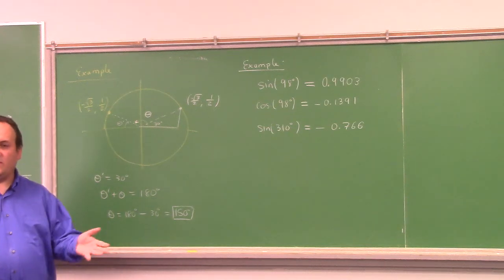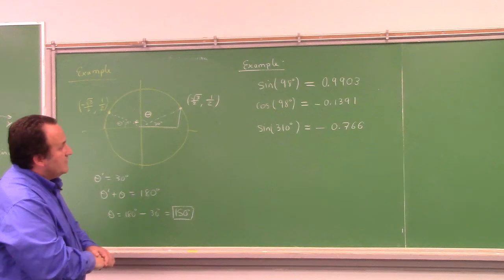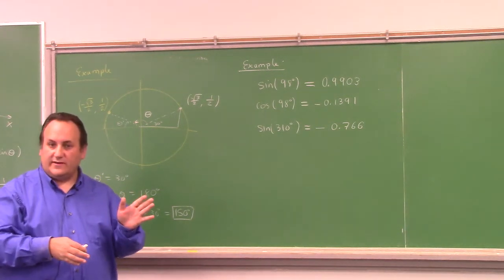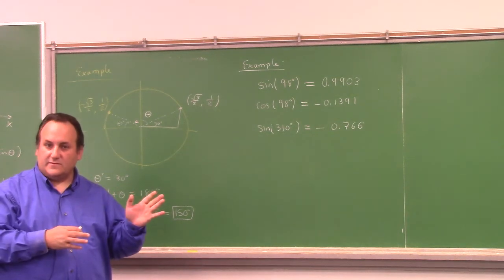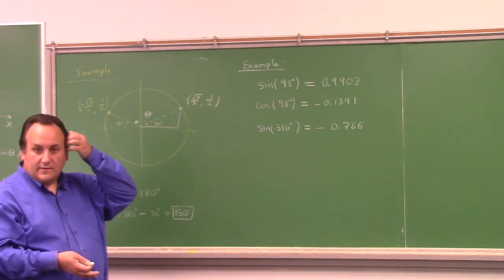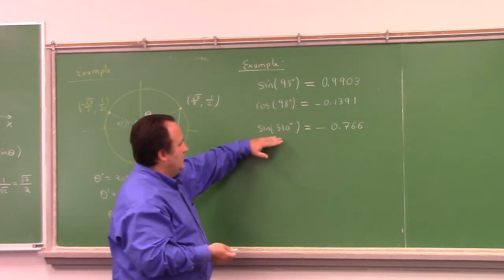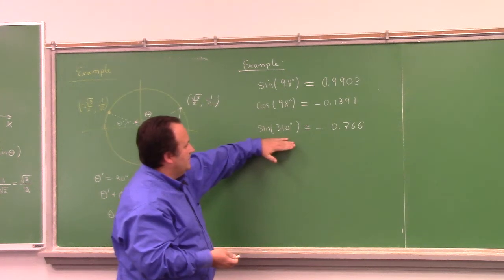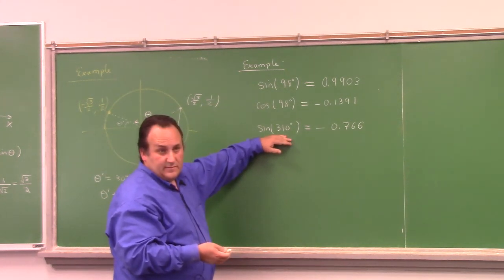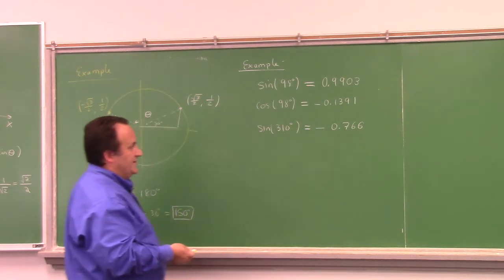So let me give you some arguments for why those numbers make sense. First of all, 98 degrees is in what quadrant? It's in quadrant 2, right? That's where sine should be positive and cosine should be negative, as we see they are. Right? What else? The 310 degrees is in quadrant 4, right? And so there we're negative, we're below the x-axis, so the negativity makes sense there.